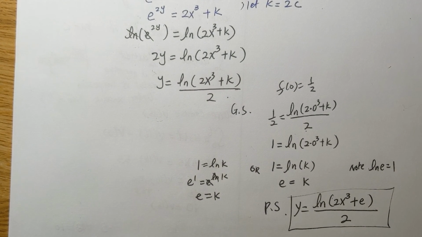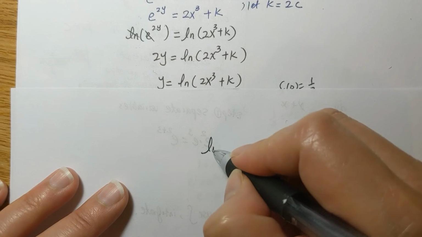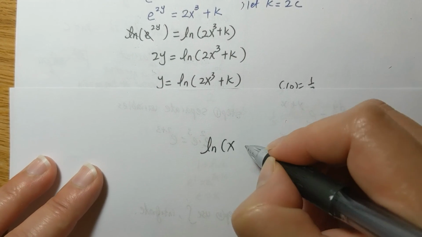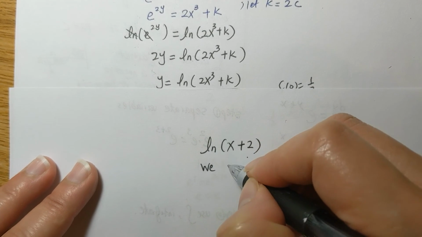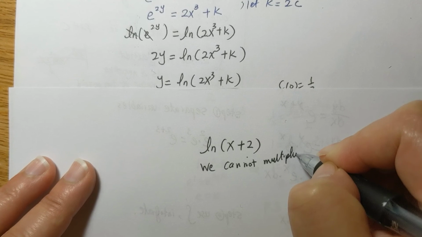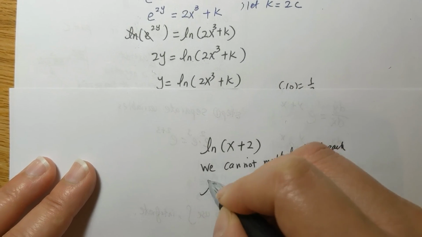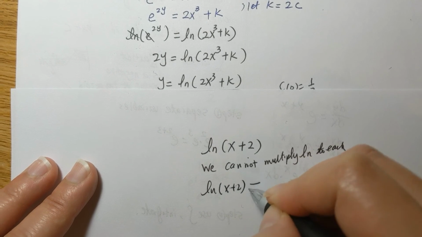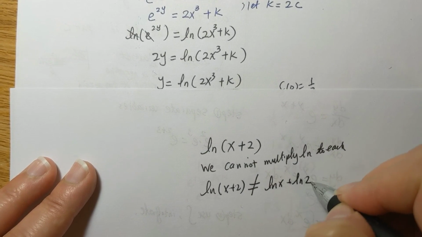So when I was checking the homework for some people, I noticed one thing. If you have ln, for example, of x plus 2, we cannot multiply ln to each term. ln of x plus 2 is not equal to ln x plus ln 2.